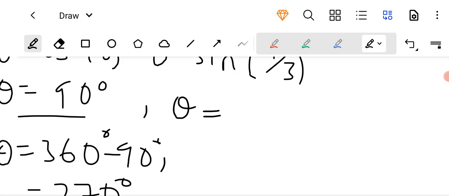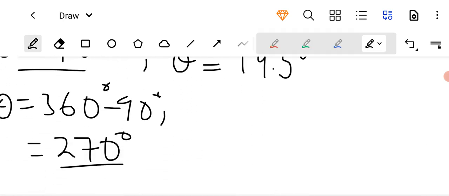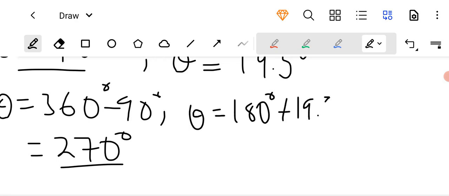Type that into your calculator. It's 19.47, which is 19.5 degrees. And this is not part of the solutions because it's not in the required range. So I'm going to go to the third and fourth quadrants, where theta is equal to 180 degrees plus 19.5 degrees, which is 199.5 degrees.